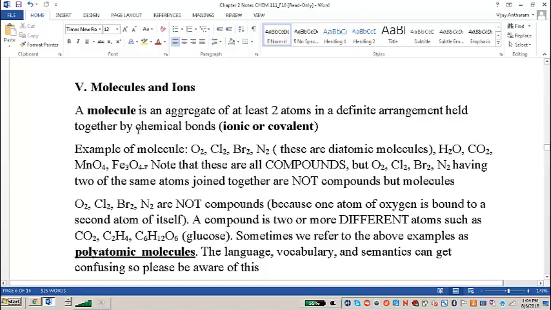So usually a molecule is held together by either an ionic or covalent bond, but they're usually kind of the same element. So O2, Cl2, Br2, N2, these diatoms tend to be molecules. These heteroatoms tend to be compounds. We all group these as compounds, but molecules that are homoatoms or diatoms or triatomic tend to be called molecules.